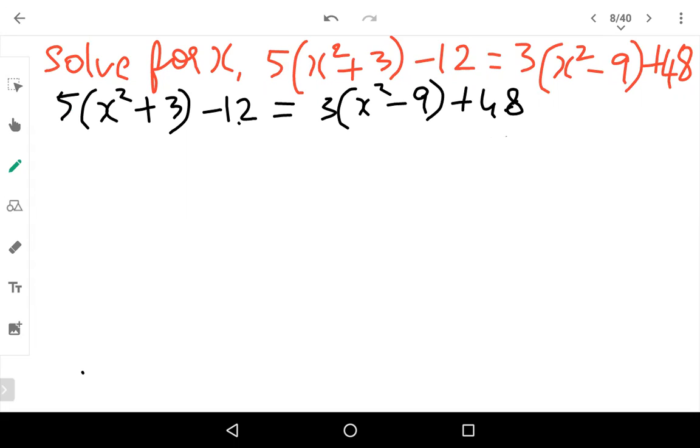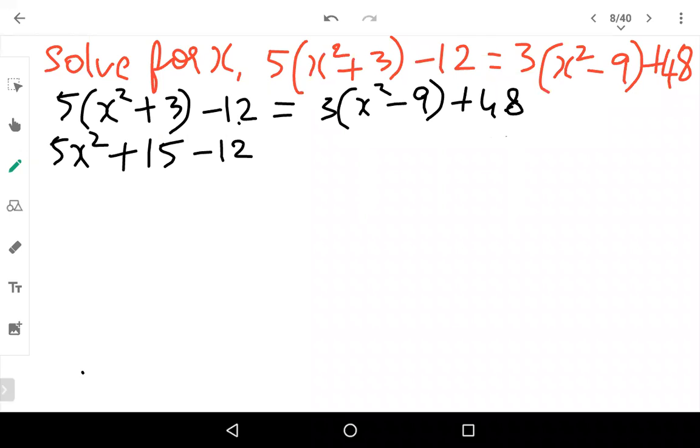Okay. Now here, let us simplify one after the other. Now if you see, 5 into x square plus 3. So 5 is being multiplied, so let us multiply that 5. 5 into x square will give me 5x square plus 5 3s are 15. Correct? Then minus 12.